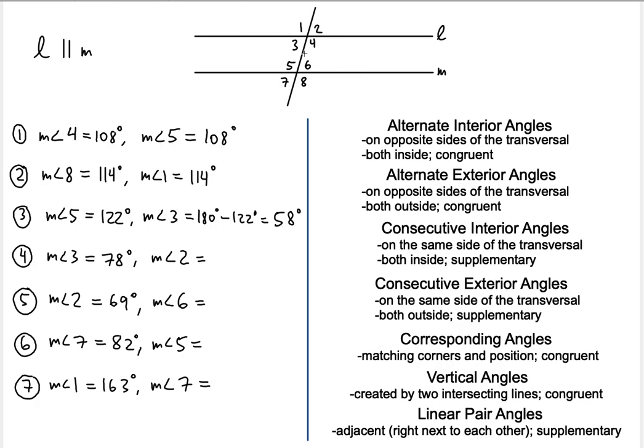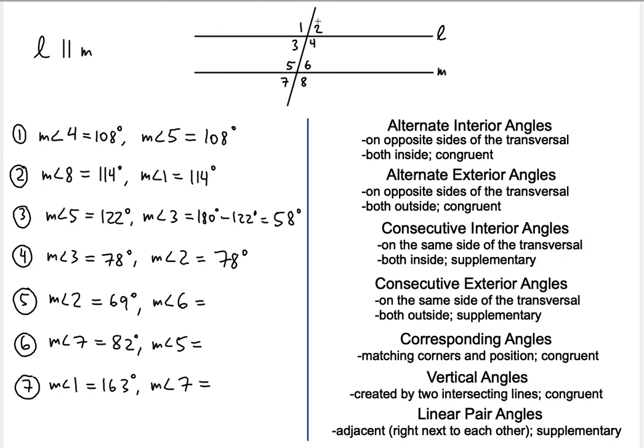Remember that 3 and 2 are on different sides, whereas the linear pair angles are on the same side. 1 and 3 are on the same side, 3 and 4 are on the same side below line M, L, 2 and 4 are both to the right of the transversal, 1 and 2 are above line L. But in the vertical angles case, they must be on different sides of the transversal, or different sides of this line L, or 1 and 4. So if 3 is 78, 2 is also 78 because vertical angles are congruent.